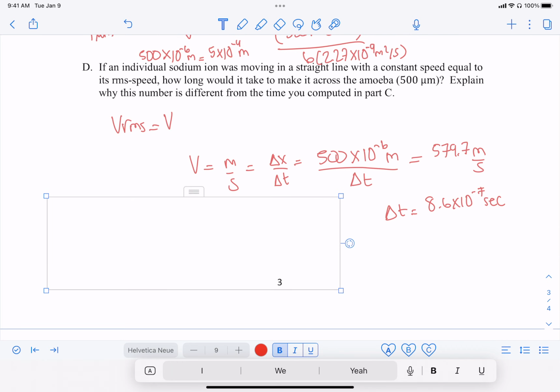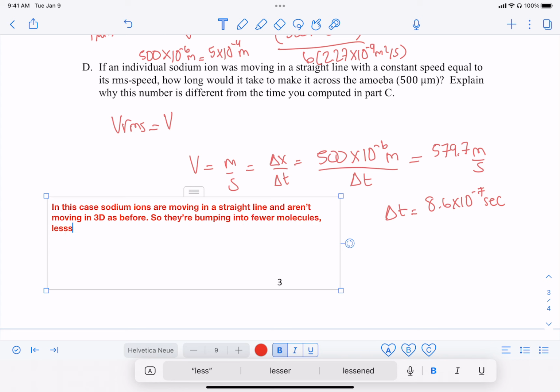So basically, in this case, sodium ions are moving in a straight line and aren't moving in 3D as before. So they're bumping into fewer molecules, with fewer collisions, and they aren't constantly changing directions.